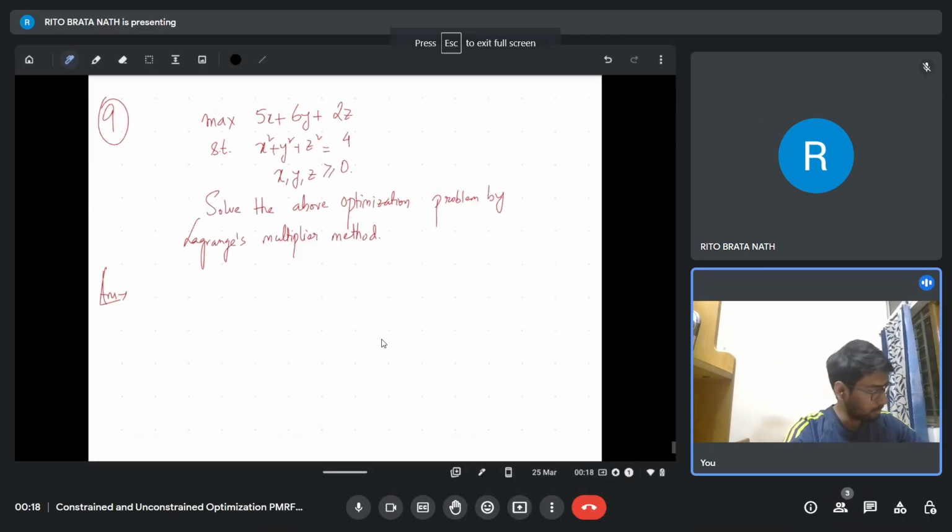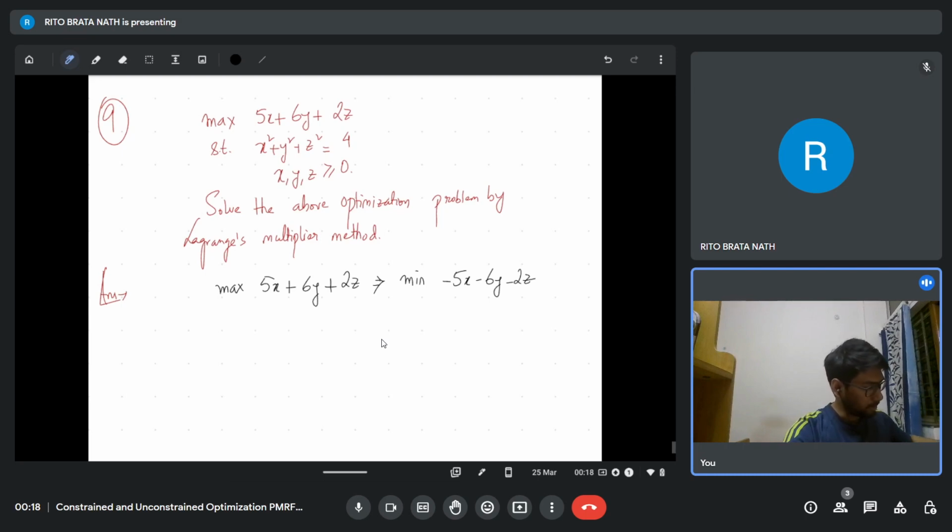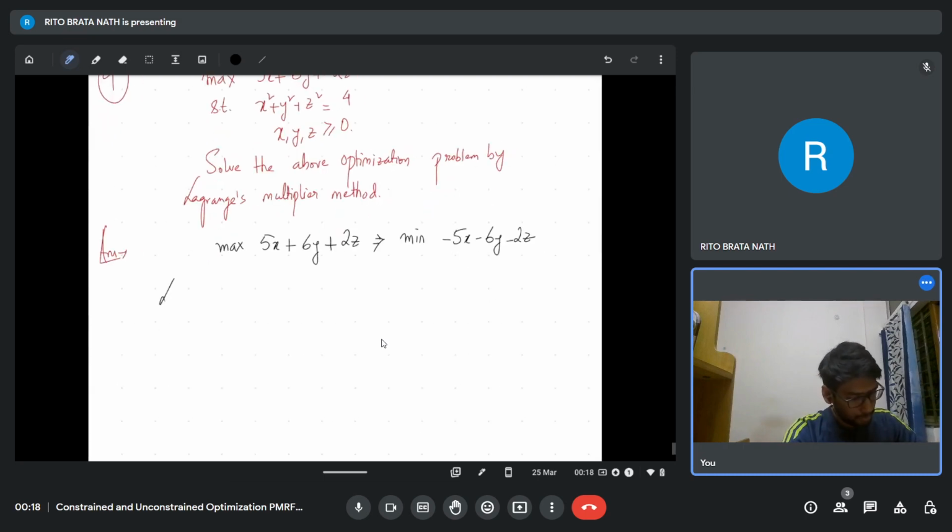So first job will be to convert it into a minimization problem. So this is equivalent to min of minus 5x minus 6y minus 2z. And now you have to write the Lagrange multiplier or the Lagrange function.